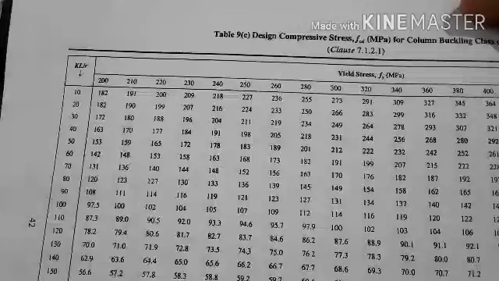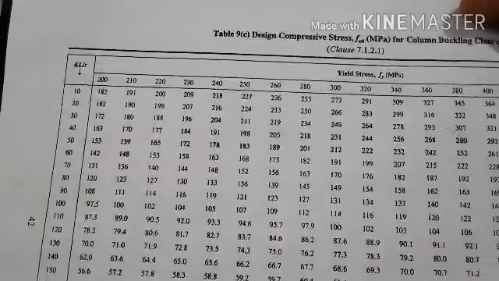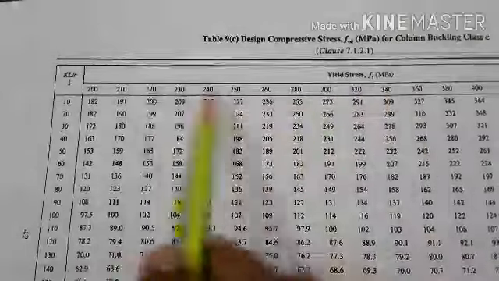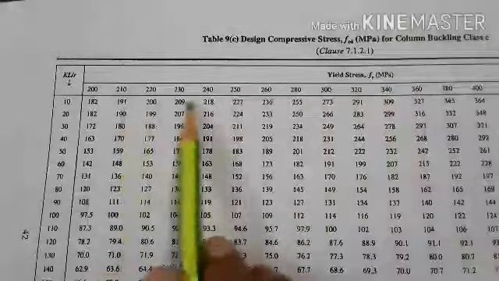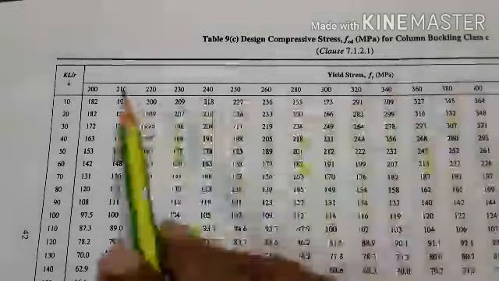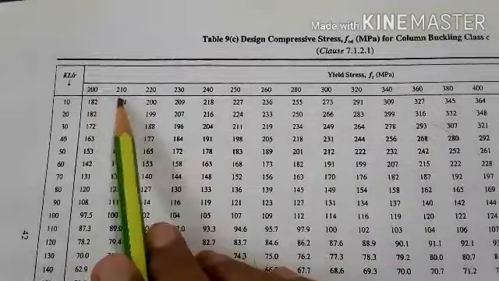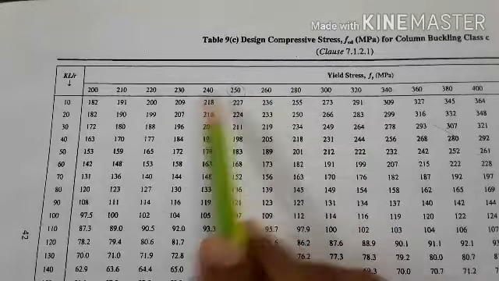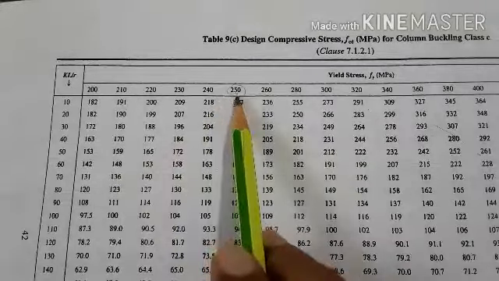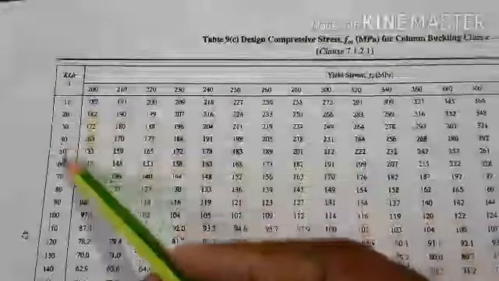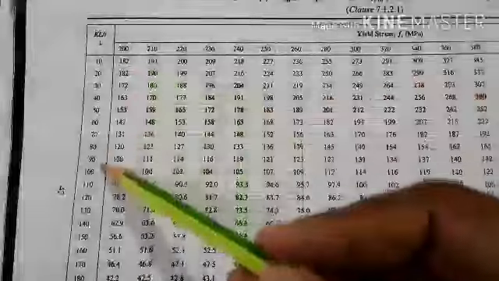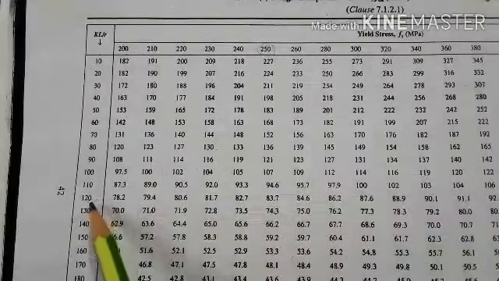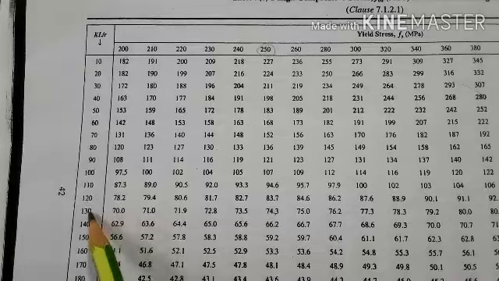In this table, one column represents the slenderness ratio, and here the yield stress has been given as 200, 210, 220, 230, 240, 250. But in our case we are taking the material yield stress as 250. In this problem the slenderness ratio lies between 120 and 130.